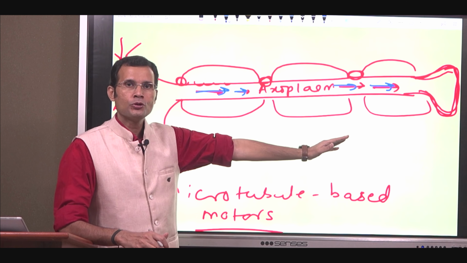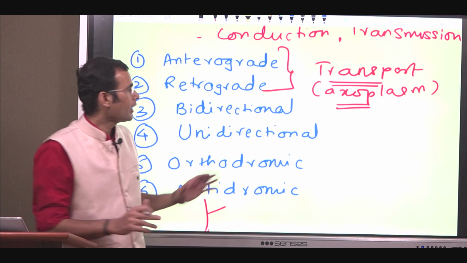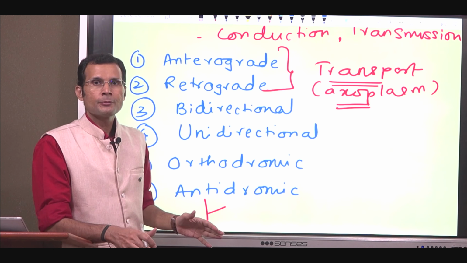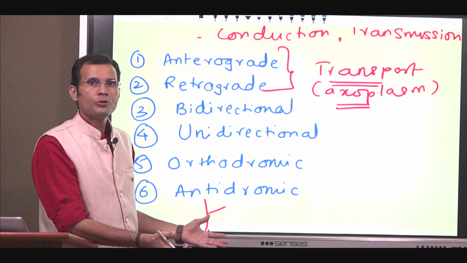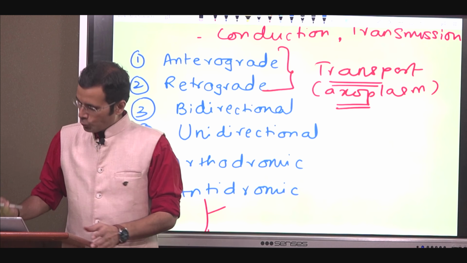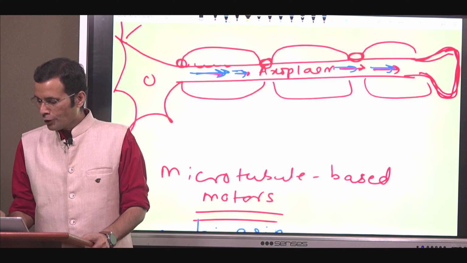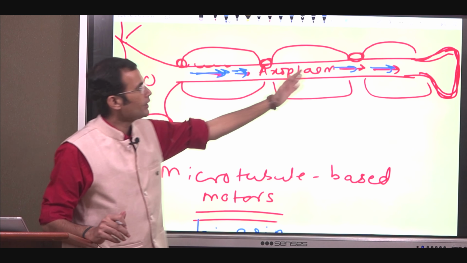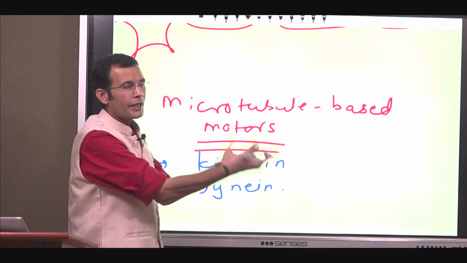Anterograde transport. Okay, look, you must have understood by now that when we are referring to these terms, it is essentially the direction that we are talking about. So when we say anterograde transport, it's away from the cell body towards the axonal ending. That's anterograde transport.